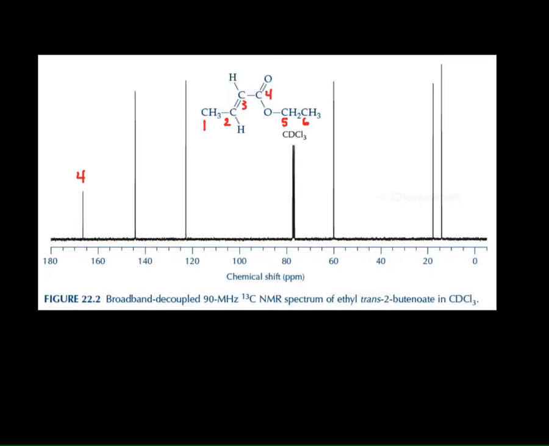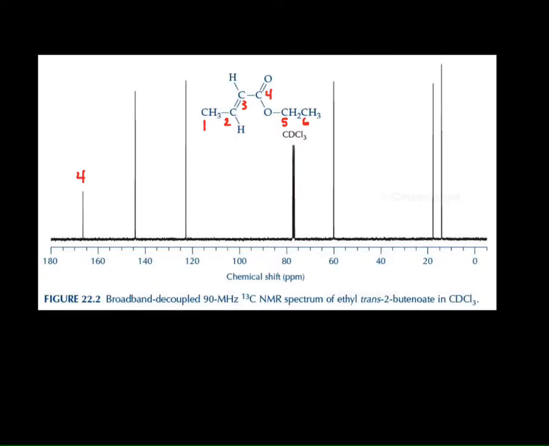Then if I go a little bit to the right, a little further upfield, I have two peaks, one at roughly 145 and one at roughly 120 parts per million. So these are going to correspond to my alkene carbons. Why? Because again, the pi bond is going to deshield the nuclei from the magnetic field, right?